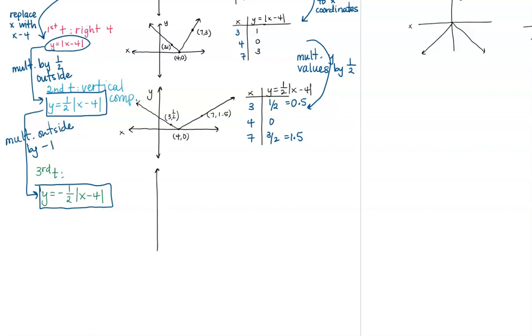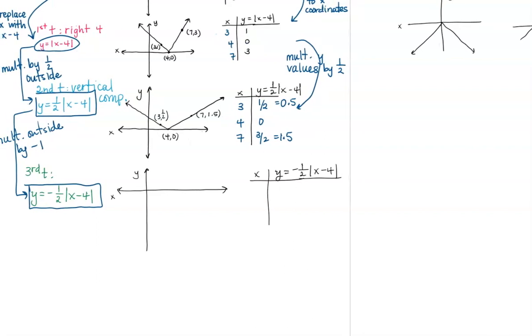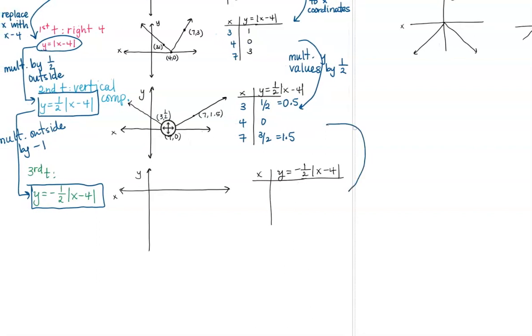So we're going to sketch a new graph that has now been reflected over the x-axis, and we're going to make a new table. And the new table is now for the entire equation because we've applied all the transformations at this point. So to get these new points to reflect over the x-axis, what we are doing is changing the sign on the y values.